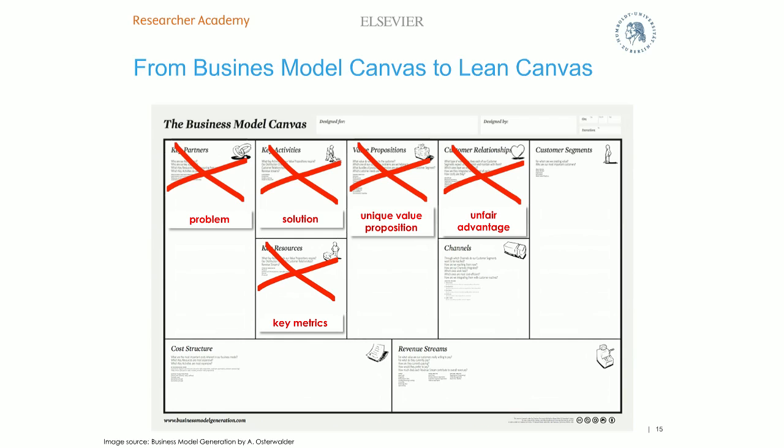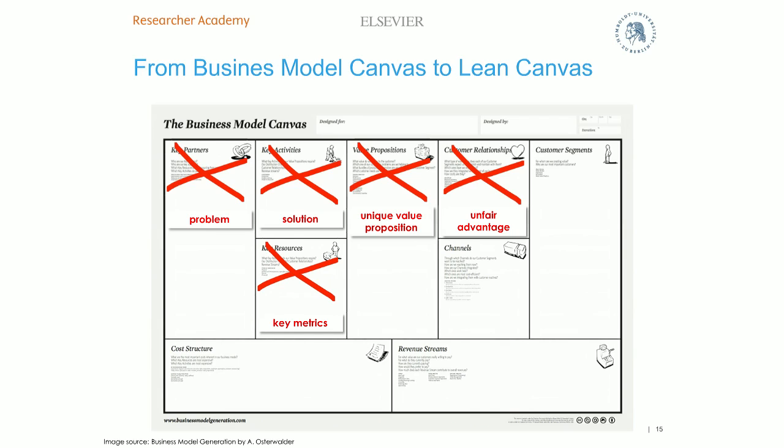So what you now have is a different version of the canvas, which is not saying that the classical business model canvas is wrong. It just means that the lean startup approach suggests that some different items are more important to put on the canvas.